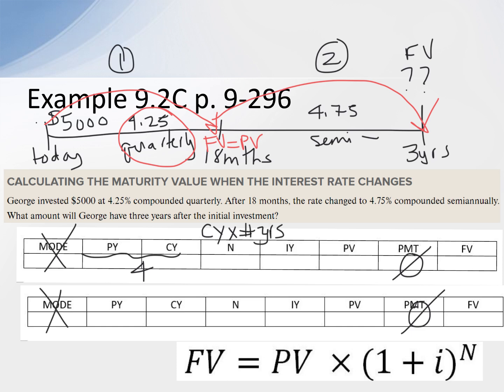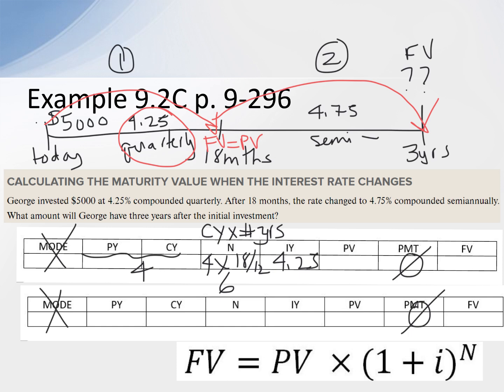In this case, we have 18 months, so that's a year and a half. You can also use 18 over 12 as your time frame. So here it's going to be 4, because it's quarterly, times 18 over 12, and we're going to have an N value of 6. Our interest in the beginning is 4.25.